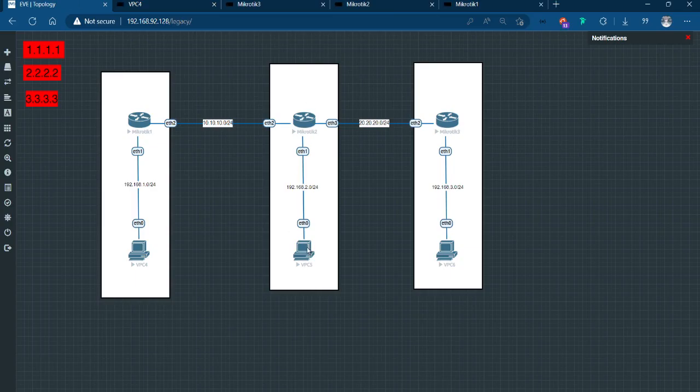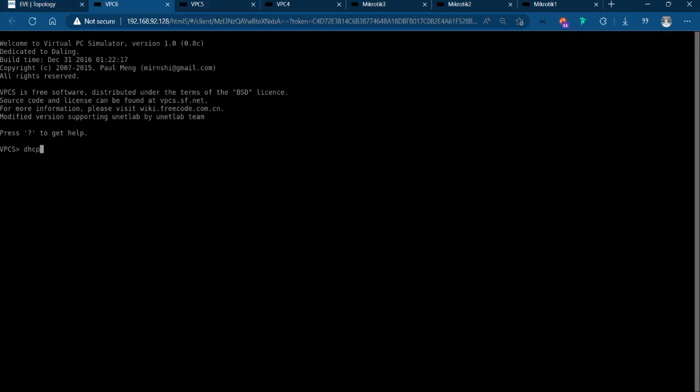We're going to set up our VPC. We do DHCP first to request the IP address. After that let's route VPC number 2 to VPC number 1.